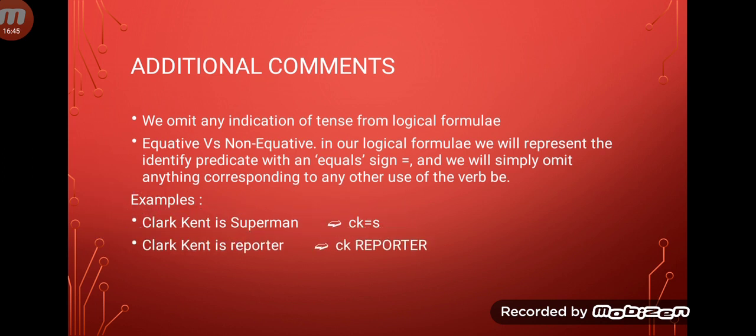And then for a non-equative sentence, Clark Kent is a reporter. So this is like the previous logical notation. Clark Kent, c k, reporter is just like a predicator of the sentence.